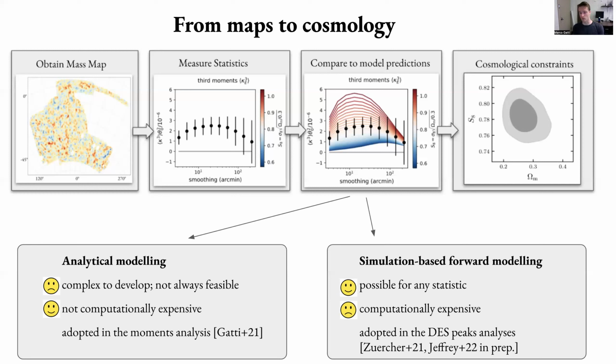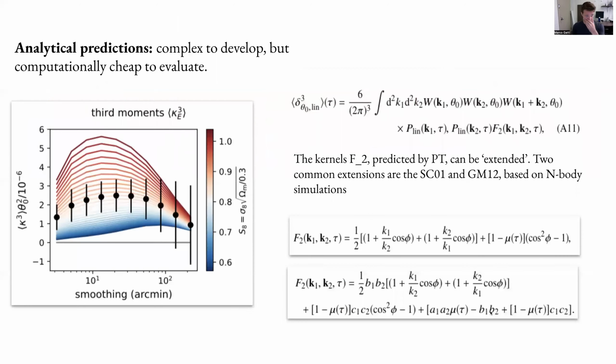And then you do the comparison. That's great because this can be applied to any non-Gaussian statistics, but it's very computationally expensive because you need to run a lot of simulations and you need to make sure that your simulations have everything that is in the data, which is also not straightforward. The first approach is what I used in my moments analysis. The second approach is what has been used in the peaks analysis from DES.